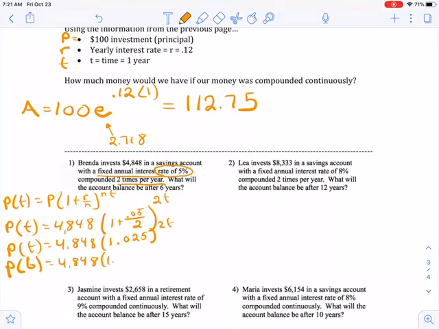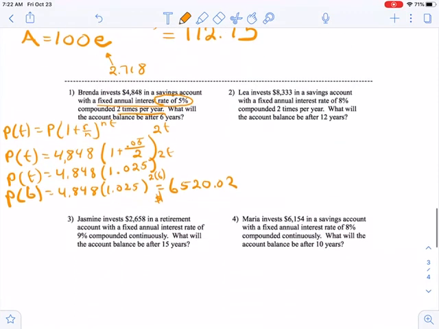So now I'm going to plug this in. 2 times 6, or 12, is going to be my exponent when I type this in. So I'm saying 4,848 times 1.025 raised to the 12th power on my calculator. And I'm getting an answer of 6,520. Because we're talking about money, I can safely leave it at those 2 decimals, okay?